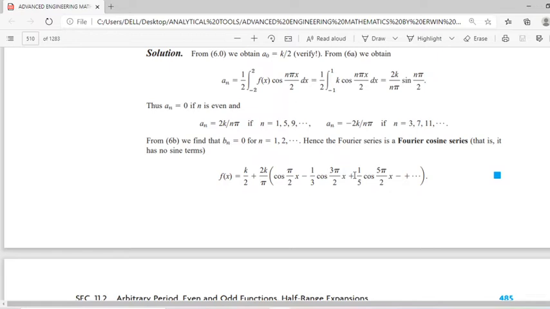You have to work it out in your notebook. a naught is here, then this is an. These are all n terms, but positive terms for n equal to 1, 5, 9, etc. and negative terms for n equal to 3, 7, 11, etc. So you have to check that.